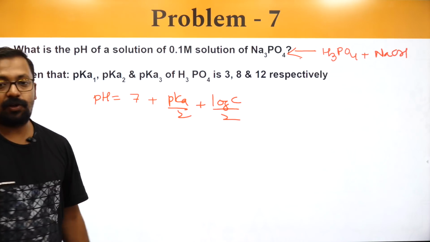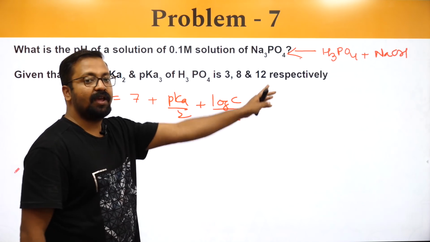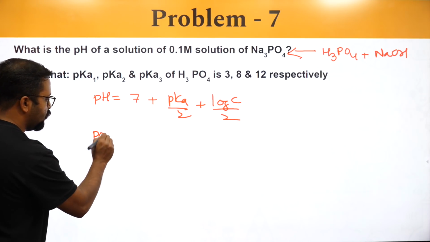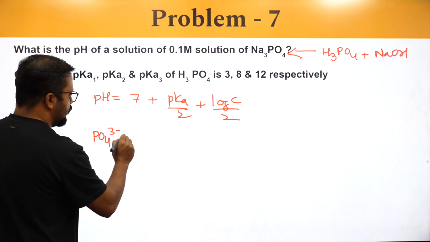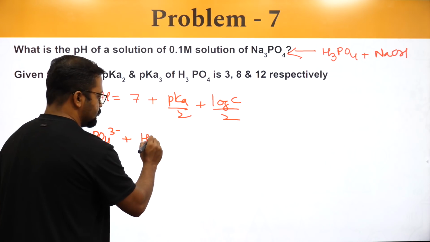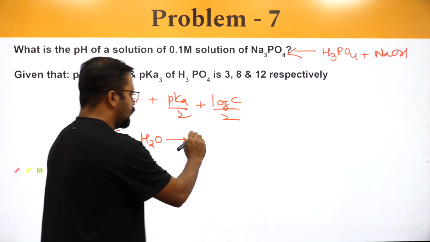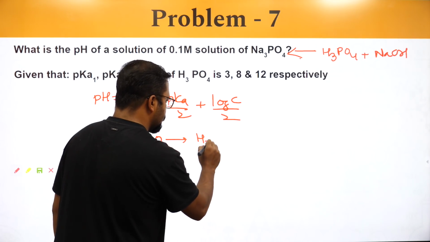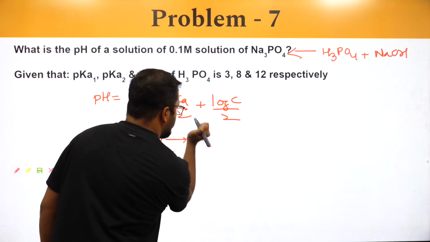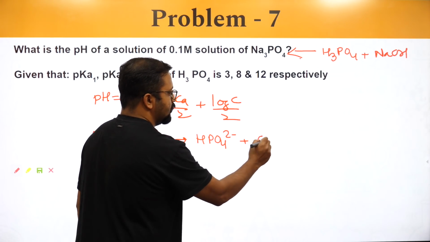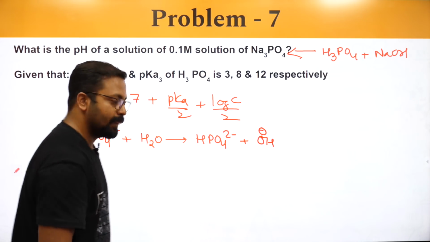Now which Ka value should I be using? Because there are three different Ka values. The problem is that PO4 3 minus can react in three different ways. It can react with 1 mole of H2O to produce HPO4 2 minus plus OH minus.